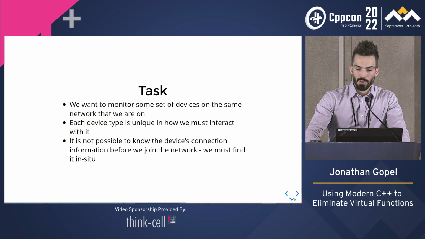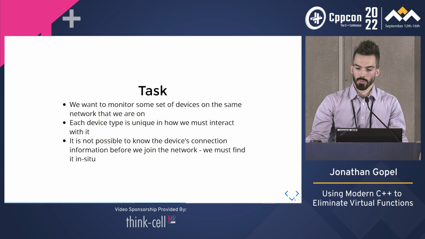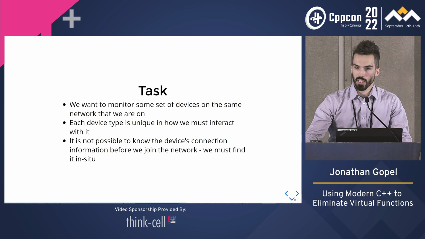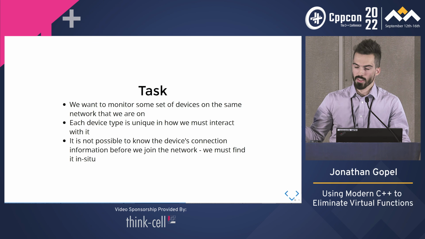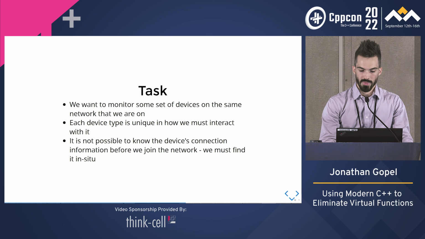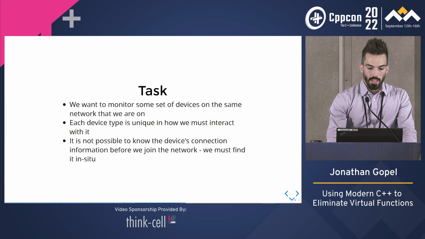And it's not possible to know the device's connection information before we join the network. We have to figure it out in situ. If you've worked in IoT or networking, this might smell pretty familiar. If you haven't, this is a pretty common sort of problem that people actually are dealing with day to day.